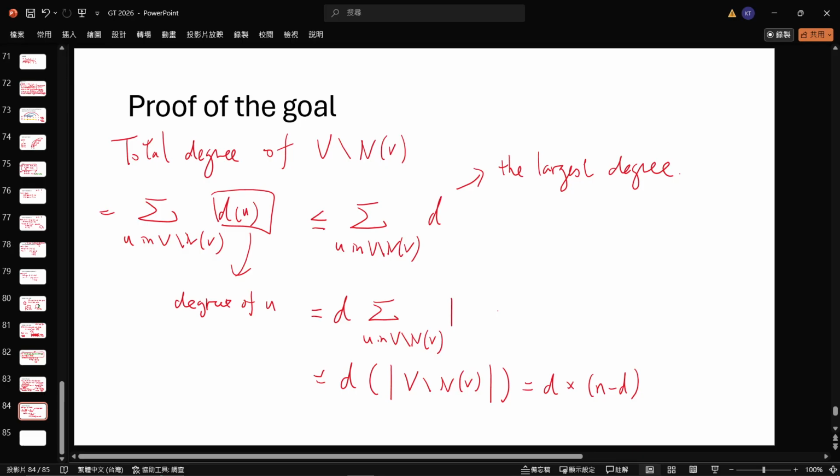And for the rest of this part, it's just like this. So you have some set times some number c, and for each element, you just add c to the summation. So this is just c times the size of the set.